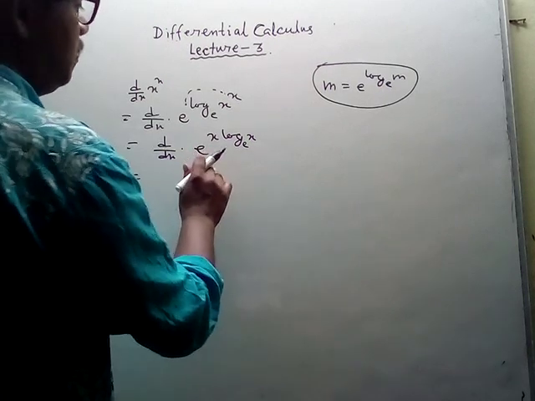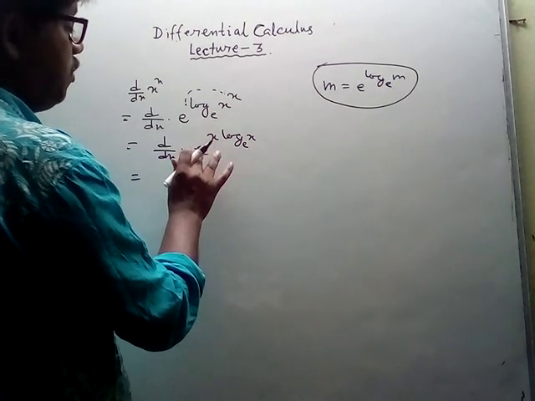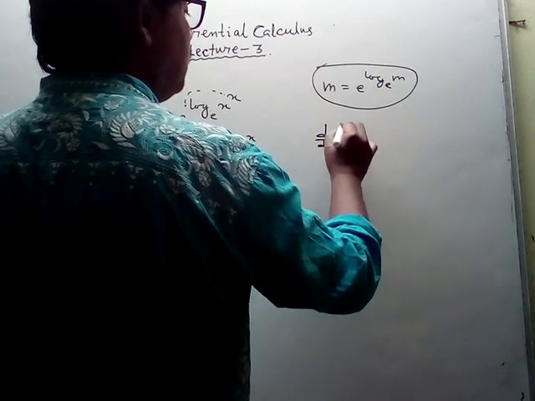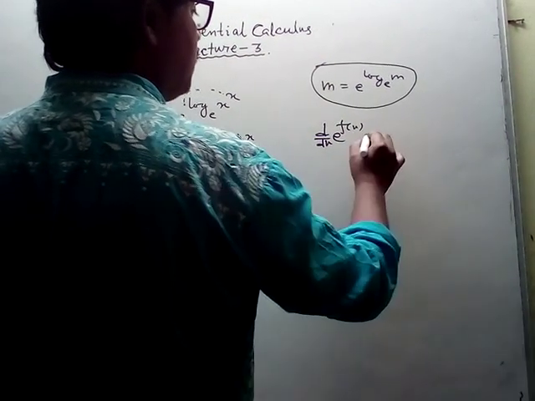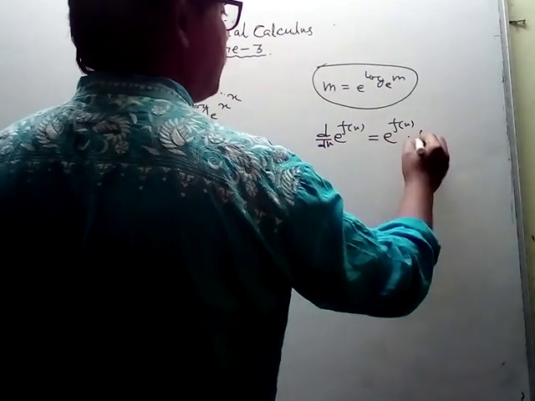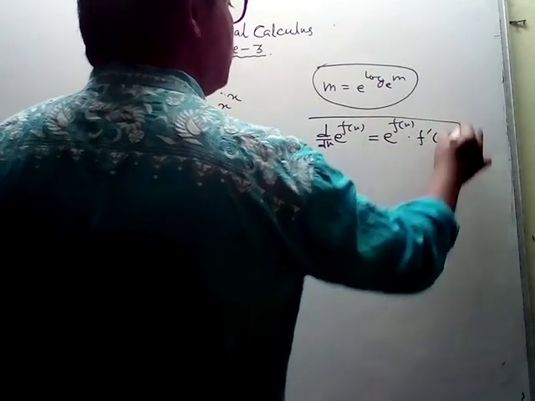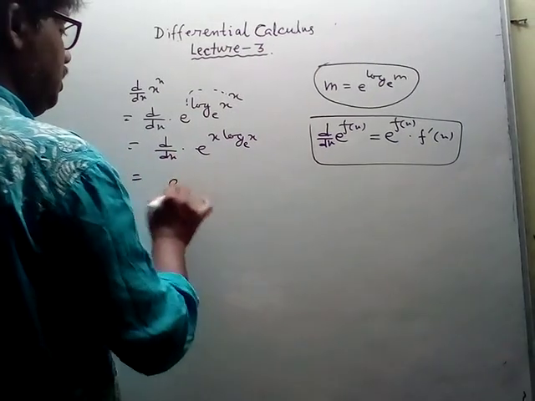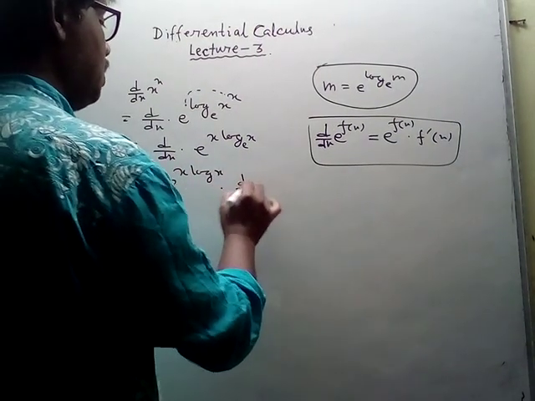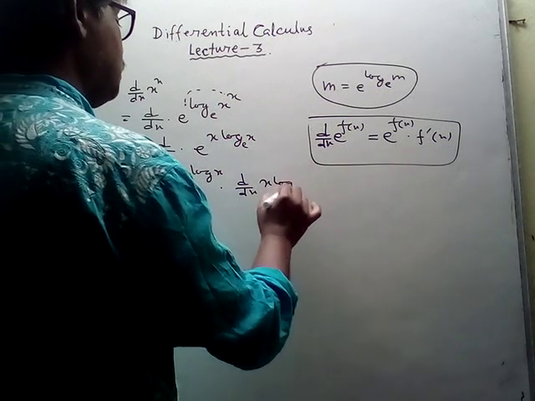Now this is of the form e power f(x). This is an important formula: the derivative of e power f(x) is e power f(x) into the derivative of f(x), f dash x. So it will be e power x log x into d/dx of x log x.